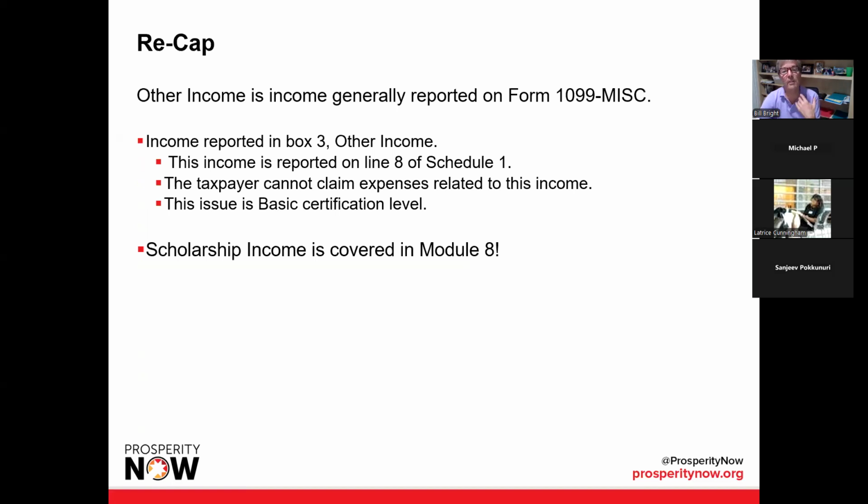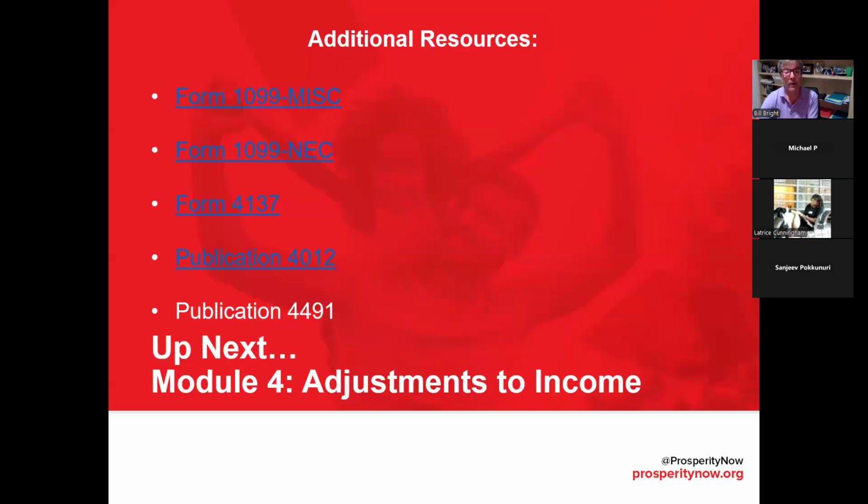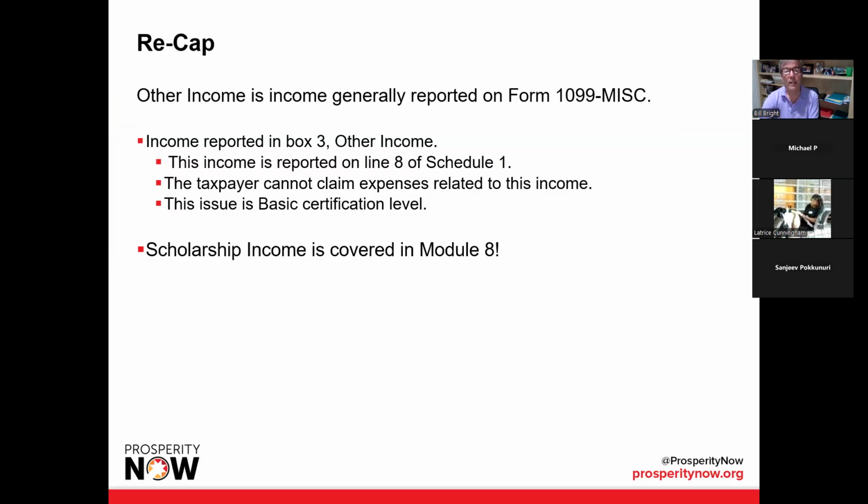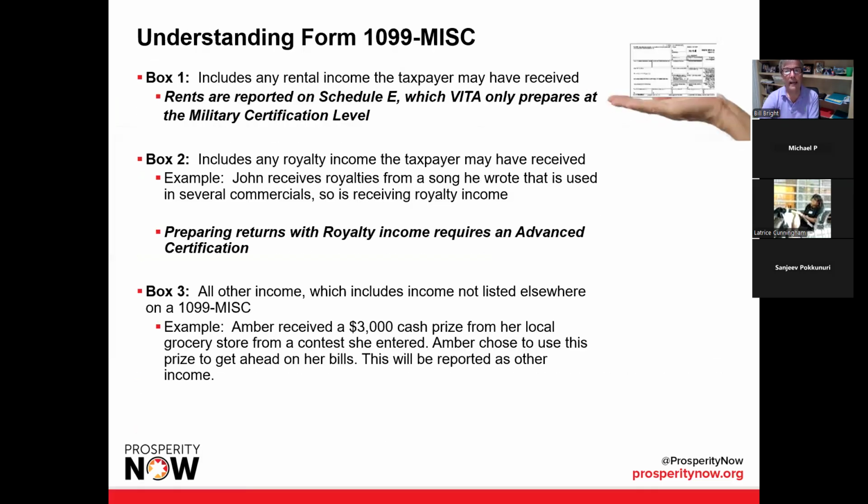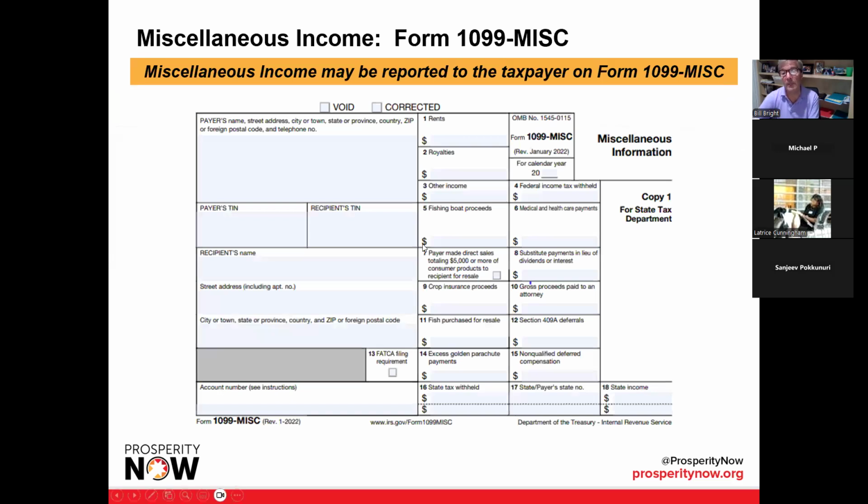Other income is generally reported on a 1099-MISC. Depending on the size of that, it can have a really big impact on the client. One thing I had last year, a gentleman came in with about half a dozen of these.